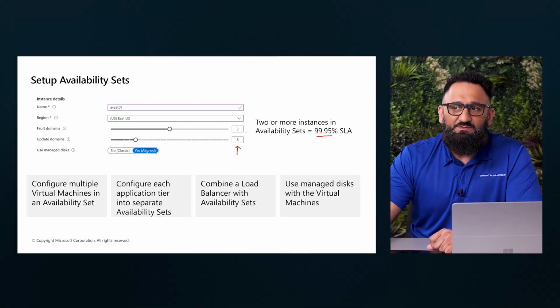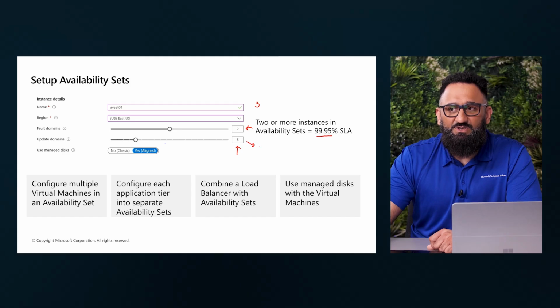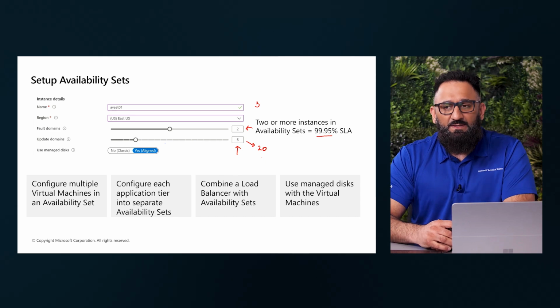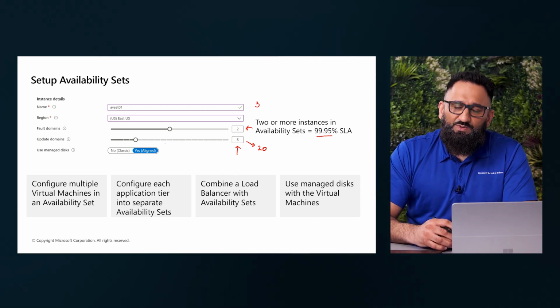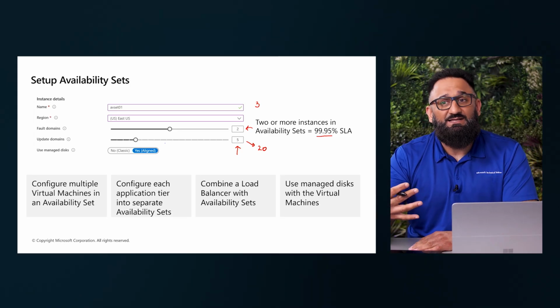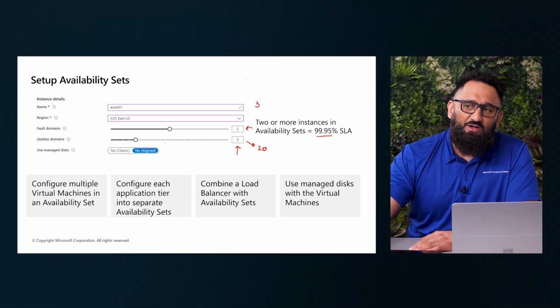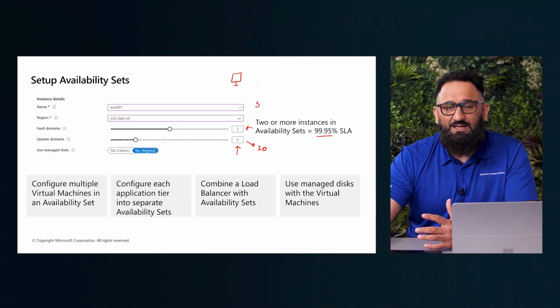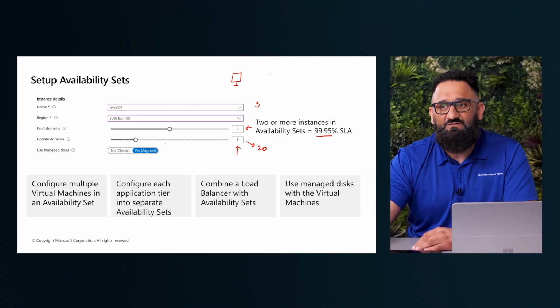A couple of things I wanted to mention: for your fault domains, you can have a maximum of 3 fault domains. And for your update domains, you can configure up to 20 update domains in your environment. Now, creating your resources in an availability set doesn't come as an added or extra cost. However, it's important to understand that if I was to create one virtual machine, I'll be paying for the cost of running one virtual machine.